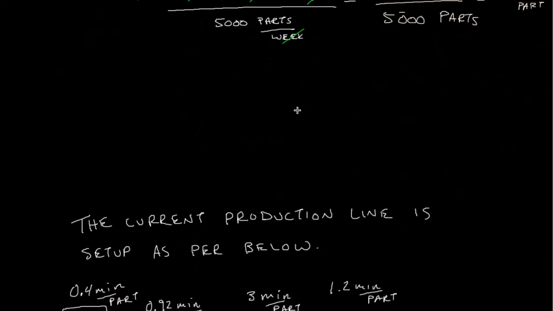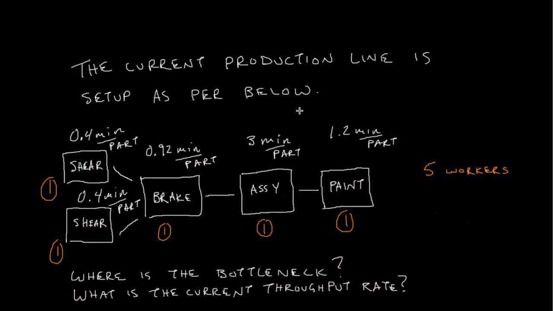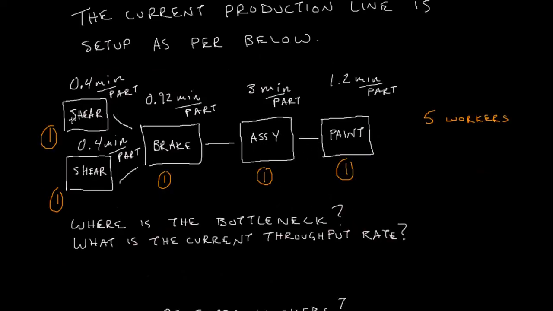So in the situation here, this is what our production line looks like. This is how the production line is currently set up. We don't know why, but it just is. If we look at the throughput times, we have 0.4 minutes per part for the shear. This one is also making a part every 4.4 minutes.